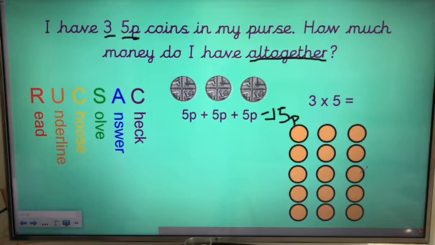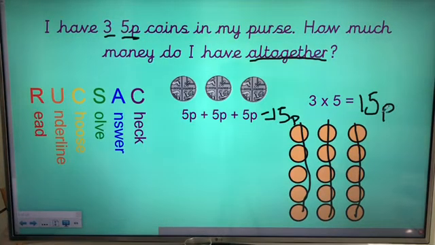Now I could count up all of my circles, or I could use my knowledge of counting in fives to help me. So let's count in fives for each of these lots of 5. Are we ready? 5, 10, 15. So 3 times 5 is 15. And we have to remember, because we're dealing with money, it's 15p is my answer.